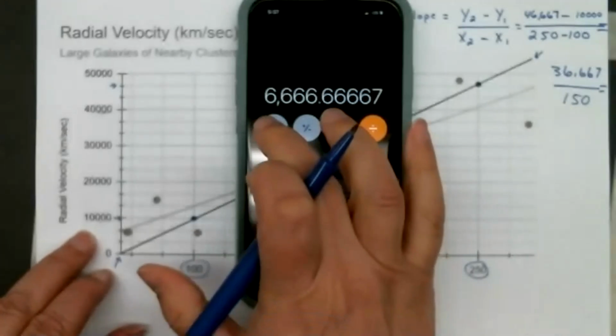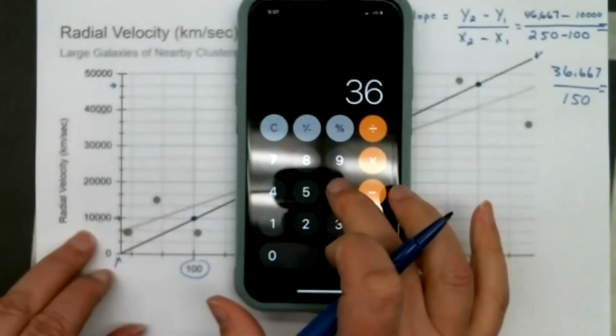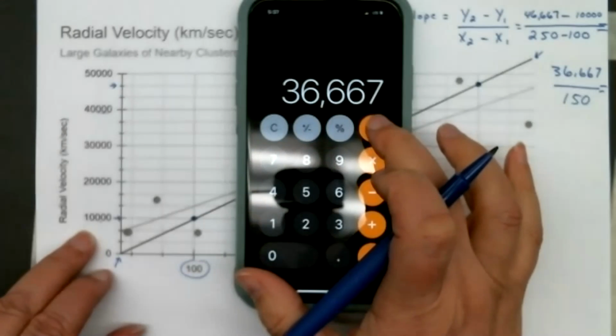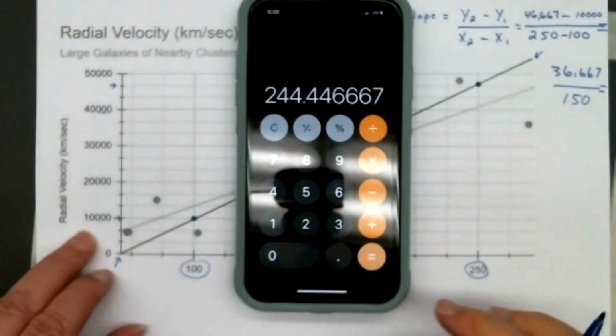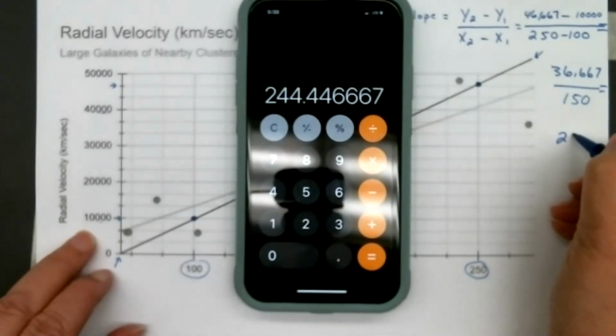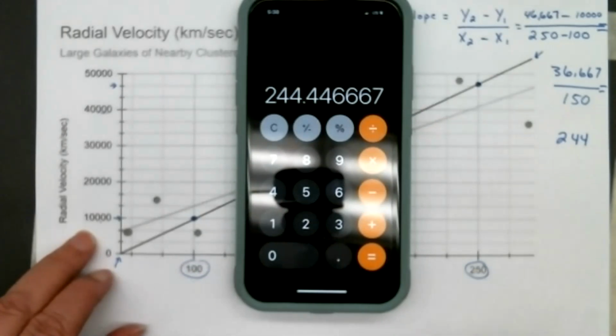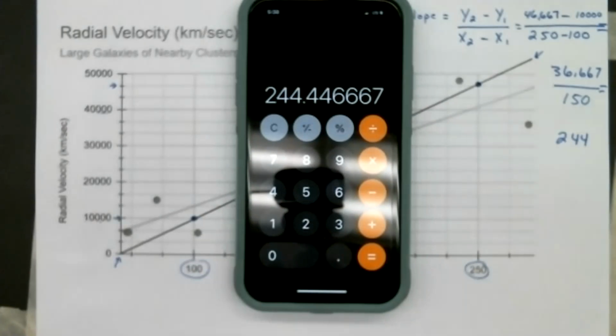All right, so I'll go ahead and work that out. And that is 244 is what I got for the constant.